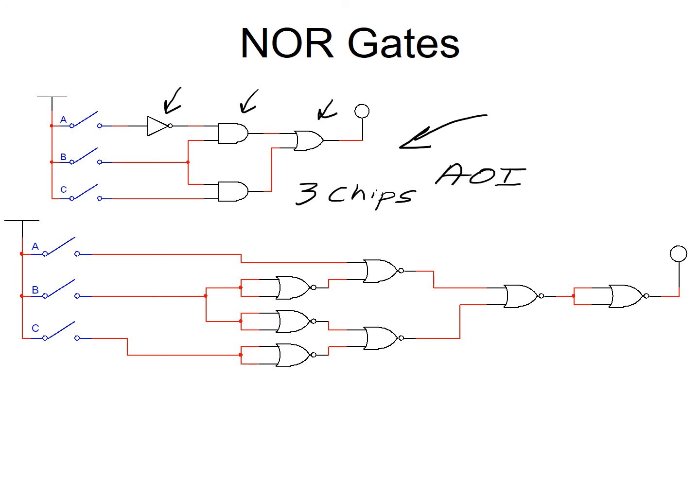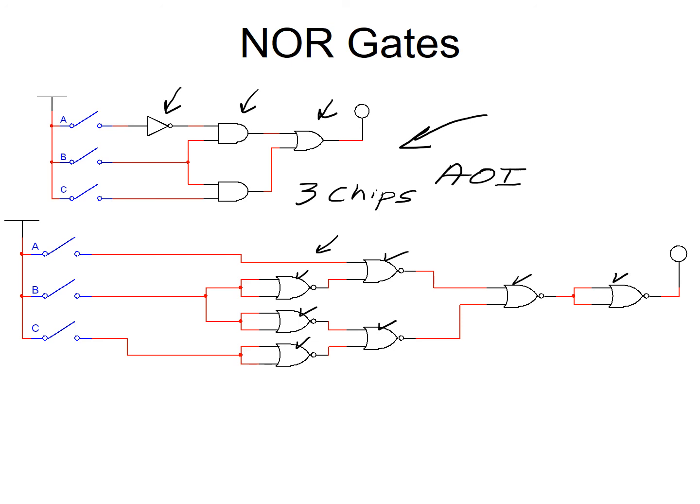All right, let's look at the circuit underneath. Now, of course, chips typically contain only one type of logic gate. So here I'm going to need a logic gate. A chip contains 4 logic gates. So 1, 2, 3, 4 logic gates on one chip, and 1, 2, 3.